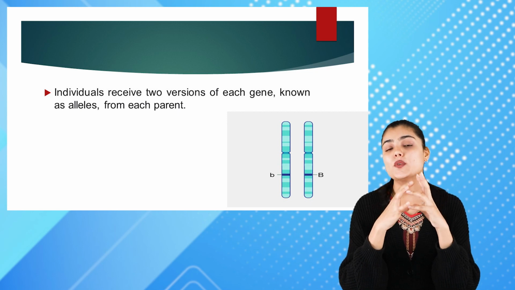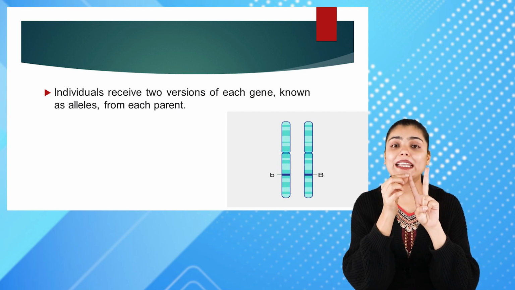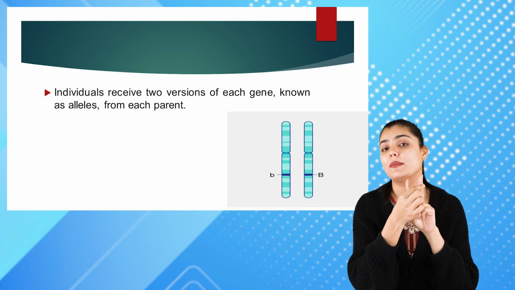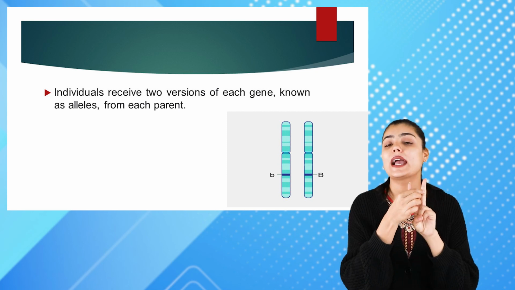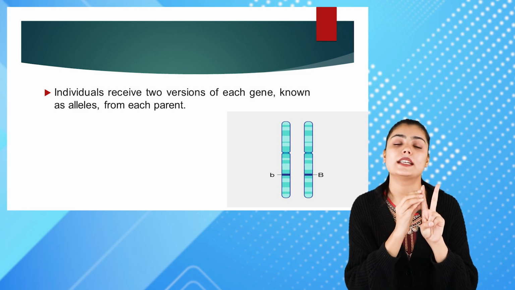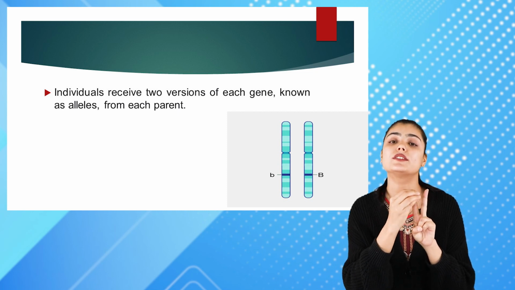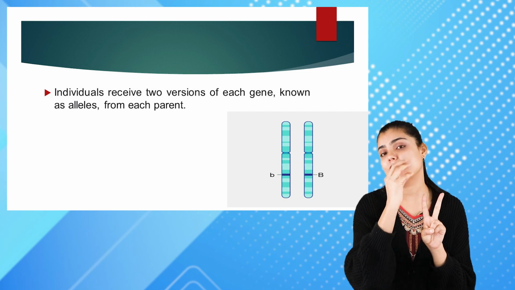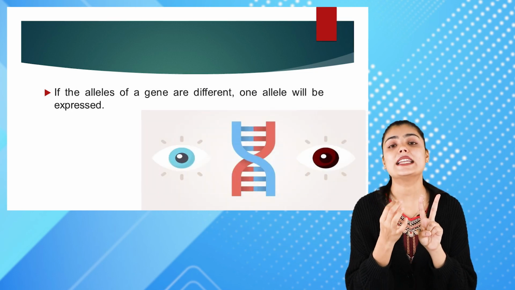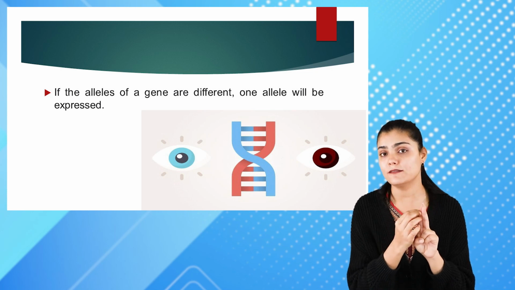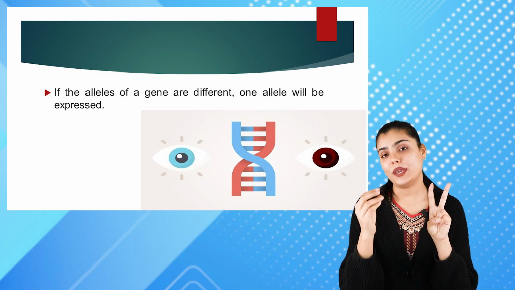Okay, so an individual will have two copies of a gene and each of these genes comes from each of the parents and these are called alleles. The same kind of alleles can come in the individual from the parents, or two different kinds of alleles may be inherited from each of the parents. If the alleles that are inherited are different from one another, only one of the alleles will be expressed.